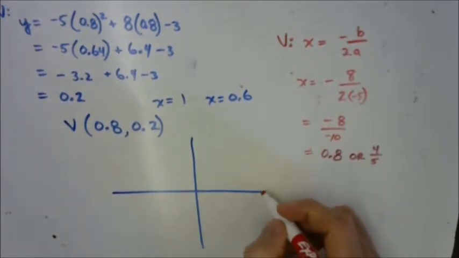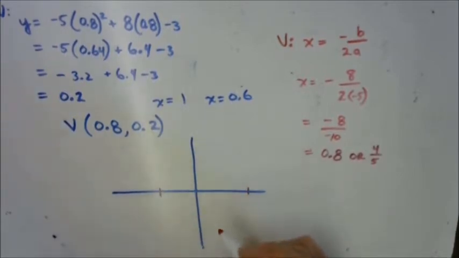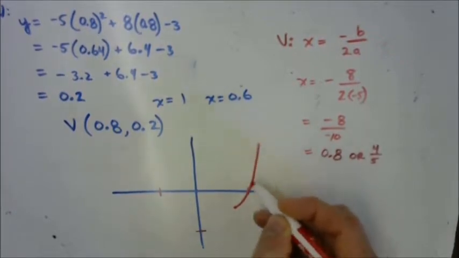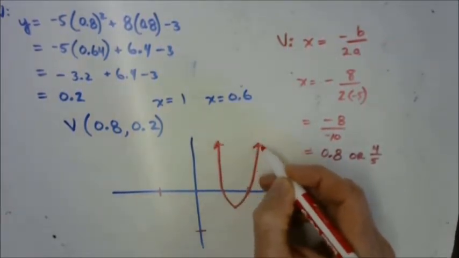Let's make 1 right there, negative 1 there, and 1 right there. So we're out here at 0.8, 0.2. We've got an x-intercept at 1 and an x-intercept at 0.6.